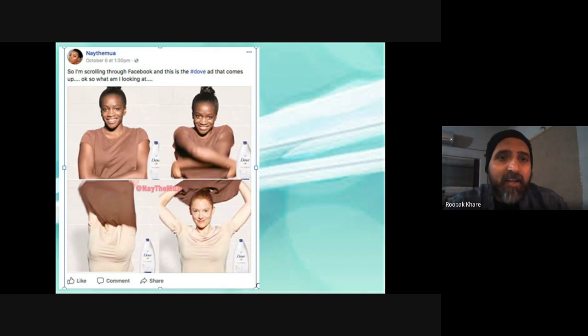There is a lady who is dark skinned, wearing a brown colored t-shirt, and there is a Dove bottle kept beside her. Gradually, as she removes the t-shirt, there is another light colored t-shirt that she's wearing underneath, and she also turns white. How unethical, how racist.